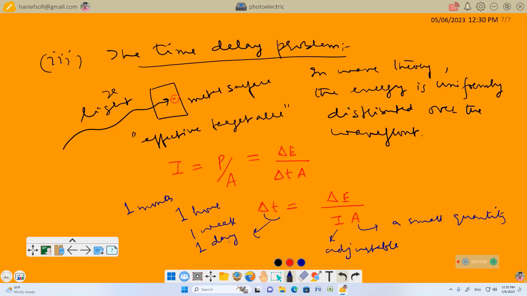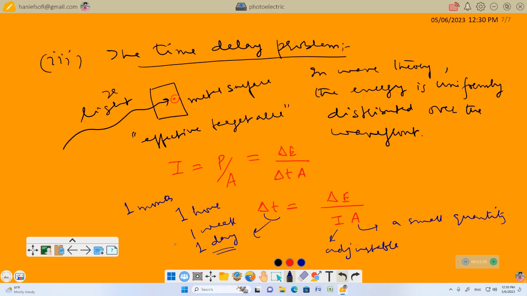If you are adjusting it to 1 day, then what should happen experimentally? There should be a time delay of 1 day between the moment when light is impinging on the metal surface and the moment when electron is ejected. That means when I am shining the light, the electron should come out of the metal surface after 1 day, right?